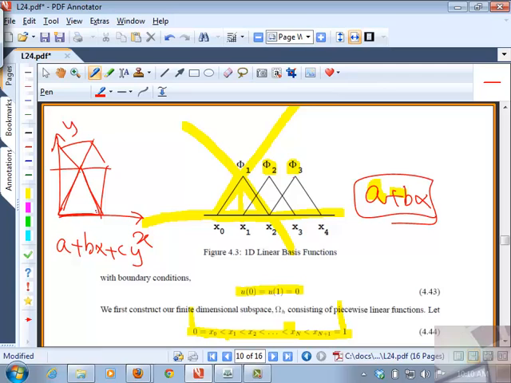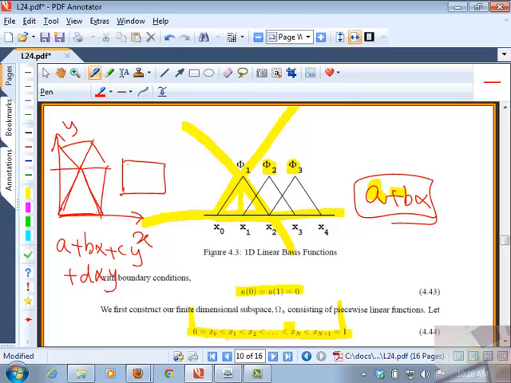I can evaluate those and express them in terms of the nodal values. But if I take a quadrilateral, then I have 4 points, right? So I might say, well, I can add dxy. That would be called a bilinear kind of fitting. You can then have quadratic and higher order as well. So any questions on this one?